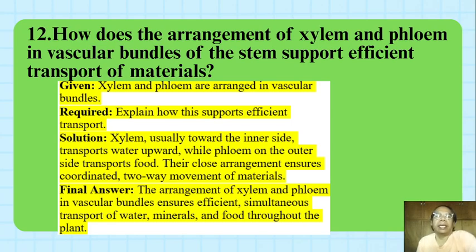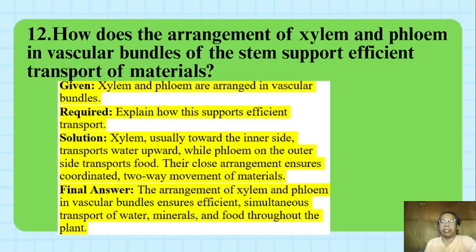Solution. Xylem, usually toward the inner side, transports water upward, while phloem on the outer side transports food. Their close arrangement ensures coordinated two-way movement of materials.